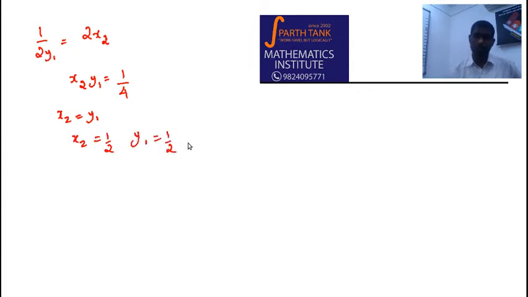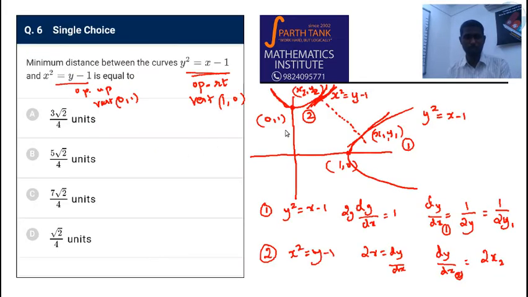Now of course the other answer would be x2 and y1 are minus 1 by 2, minus 1 by 2, but that would be somewhere here, and though the slopes are equal on that side also, we will not get a common normal there. Okay, so the common normal is here somewhere in the first quadrant, and the points through which that common normal passes are also in the first quadrant.